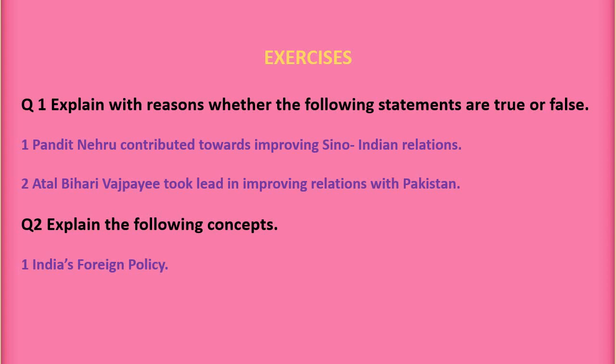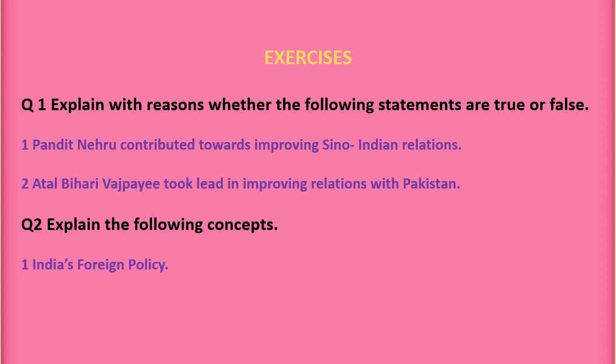Atal Bihari Vajpayee rendered help to the earthquake victims of Pakistan during the rule of Pervez Musharraf. Besides that, he also tried to establish a dialogue with Pakistan many times but was not successful. So, on that point, we can say that Atal Bihari Vajpayee took lead in improving relations with Pakistan.